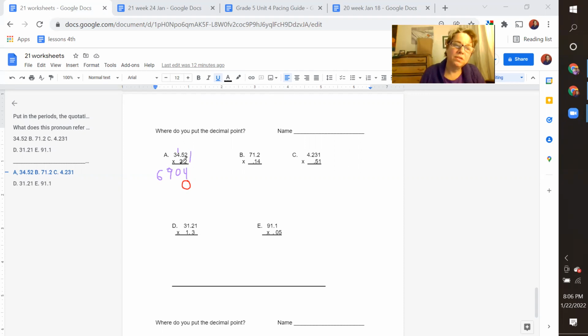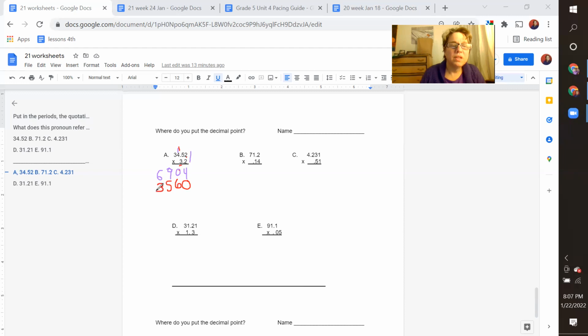And now we're going to do 3 times this 2 up here. 3 times 2 is 6. I'm very careful to put it right underneath this 0. And now 3 times 5 is 15, and I also want to carry the 1. 3 times 4 is 12, plus 1 is 13.